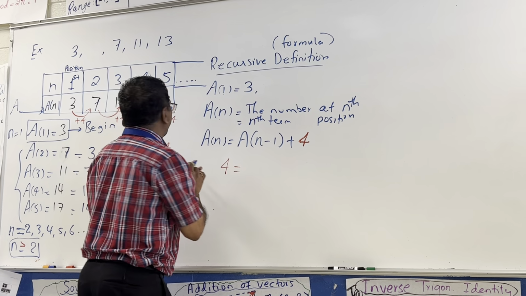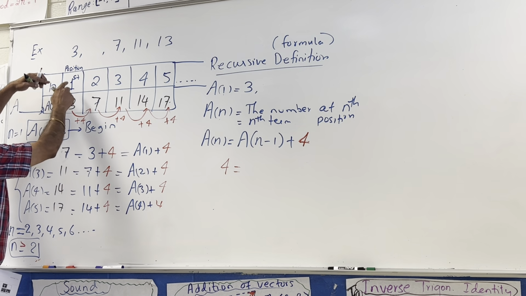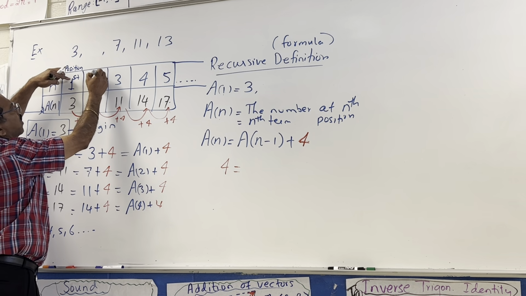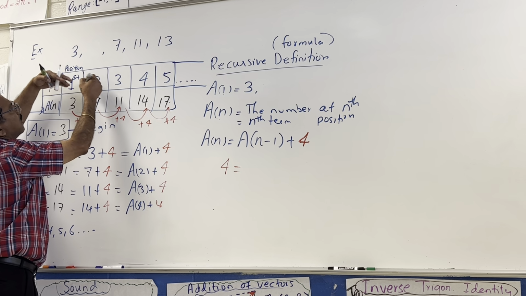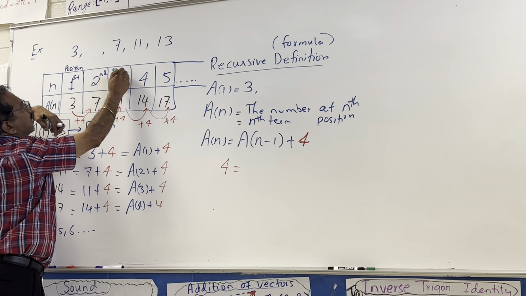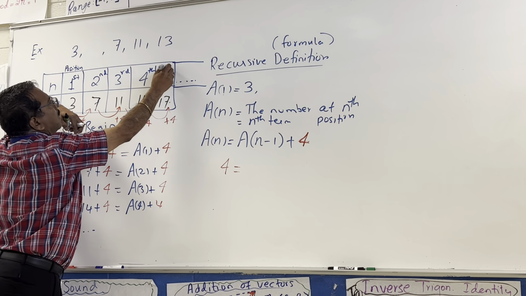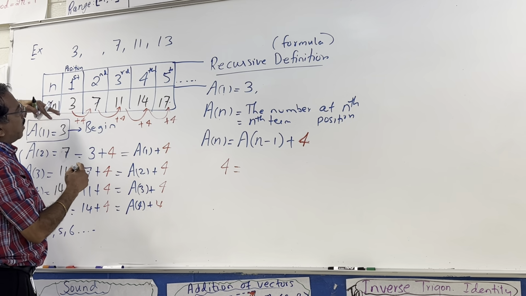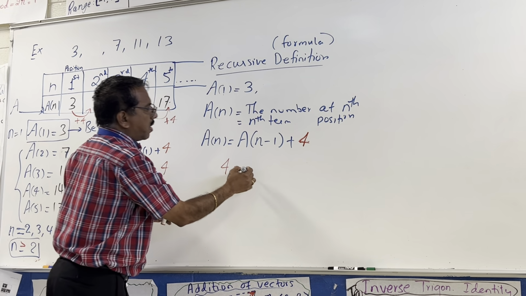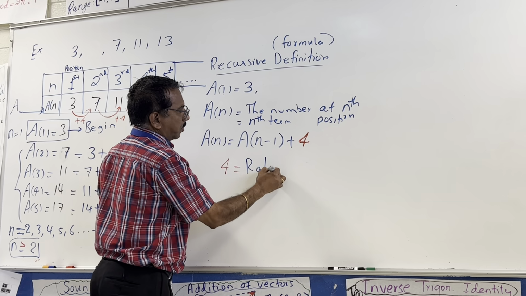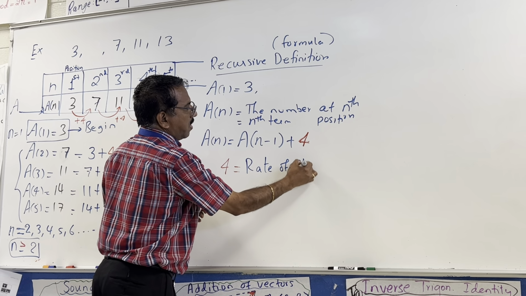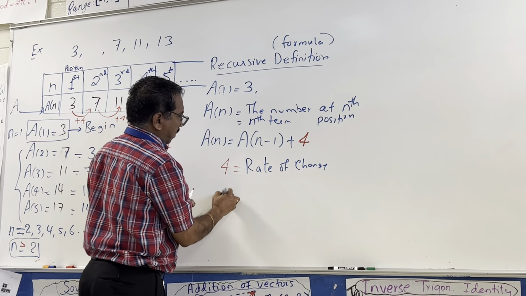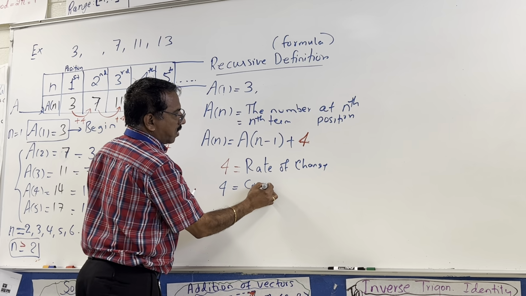This 4 has a special name. And what is that special name? Every time your position number changes, every time your n increases by 1, this is the second, the third, the fourth, the fifth, you see that there is a rate of change every time you increase by the same amount. This is called rate of change, and it is also called common difference.